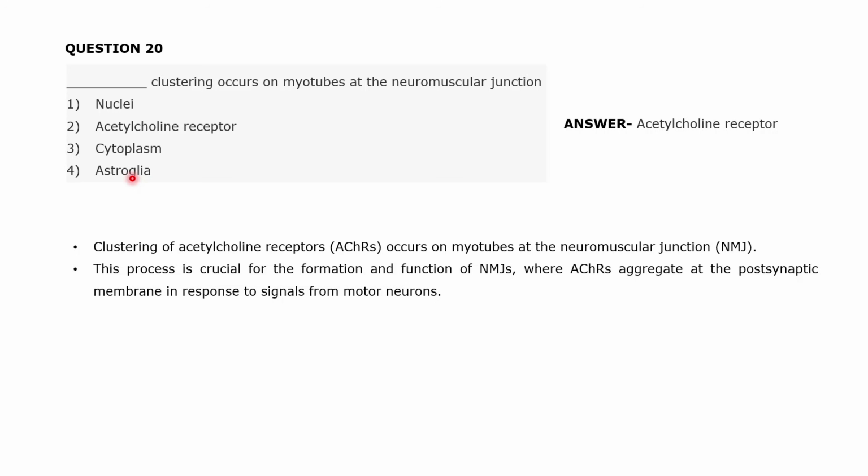This function is carried out by the astrocyte, and it also provides a supporting function to the oligodendrocyte. Oligodendrocytes, present in the central nervous system, help with the formation of the myelin sheath, while the astrocyte or astroglia has a supporting function relating to the formation of the myelin sheath.